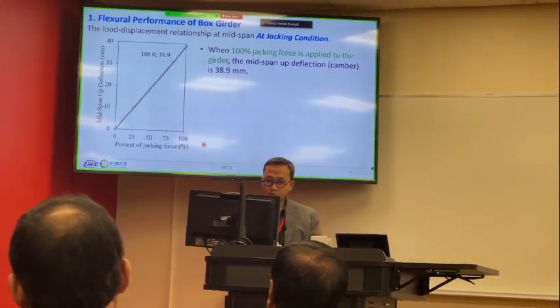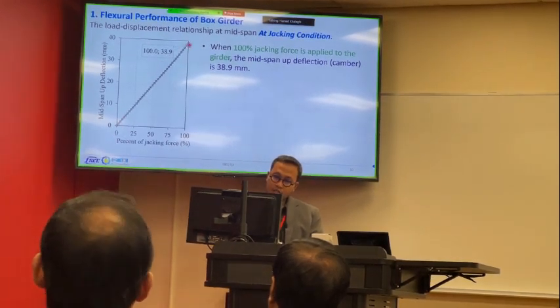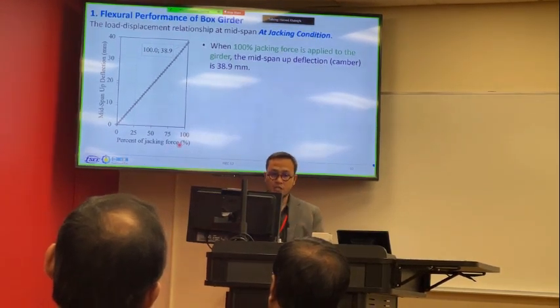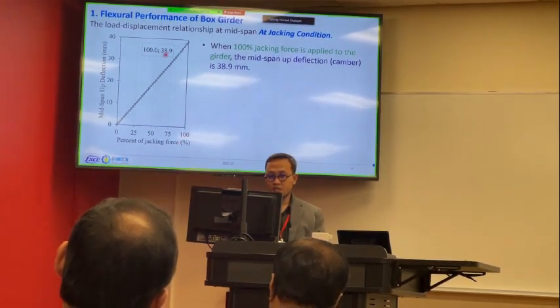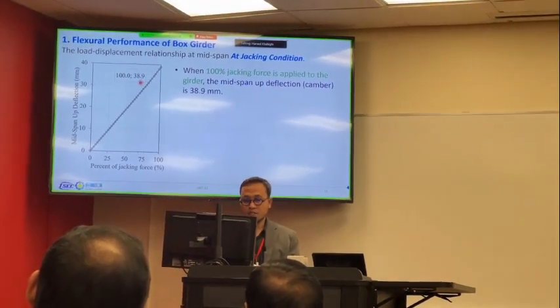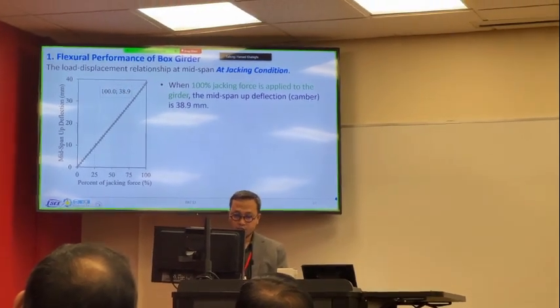From this model, the behavior of the bridge is almost linear until 100% of the jacking force is transferred to the girder, and the deflection or camber of the box at mid-span is 38.9 millimeter.